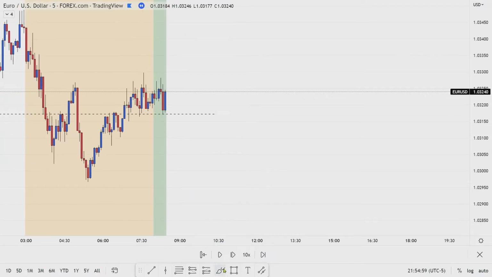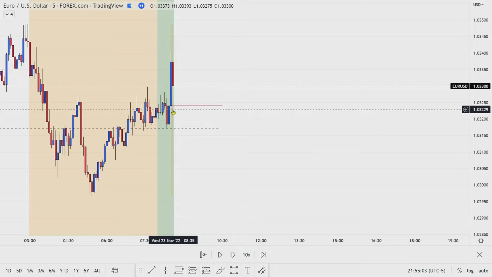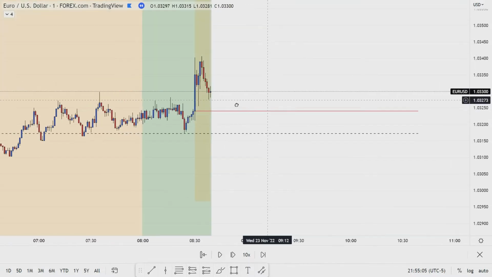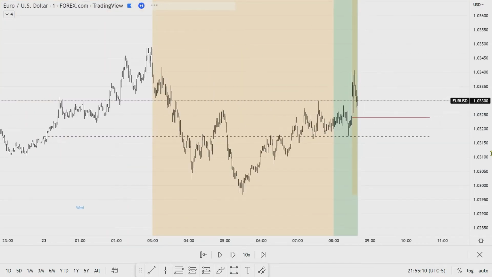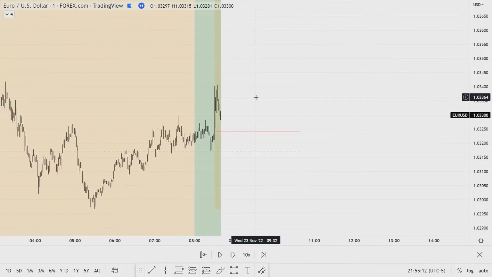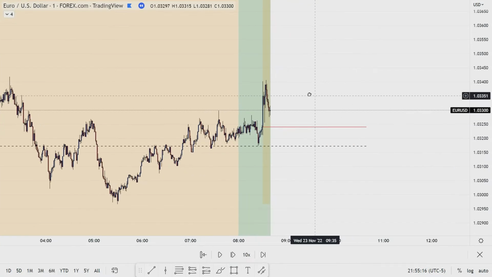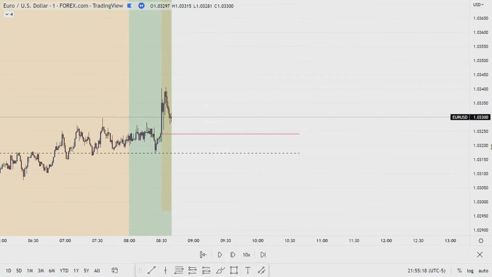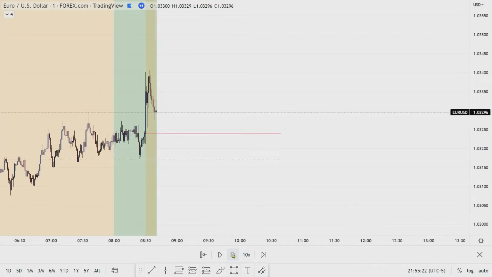And so we're going to keep playing the data here. As we can see, we have that 8:30 opening immediately. Let's keep playing the data just to make sure.